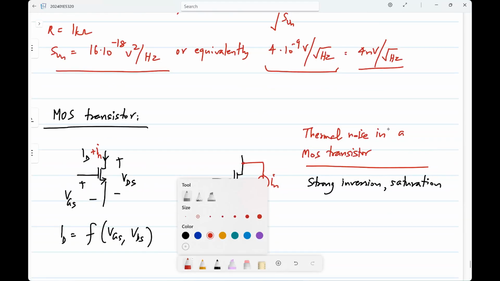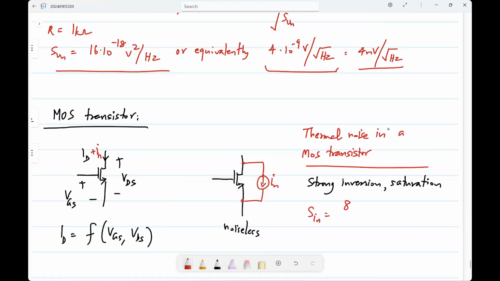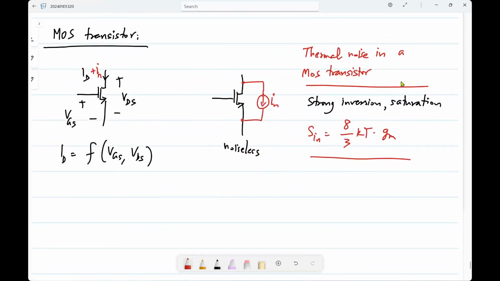The spectral density of this noise current is 2/3 kT gm. Some of these formulas may look weird initially, but they make sense. I'll explain how. Now you can see it's not all that different form-wise from a resistor, where you would have 4 kT times G, that is 4 kT times the conductance. Here we have 2/3 kT times the transconductance.